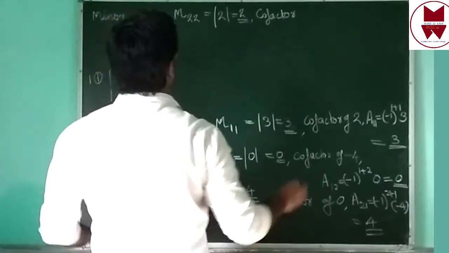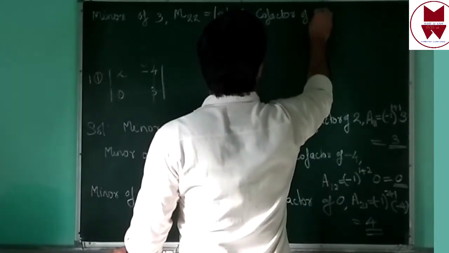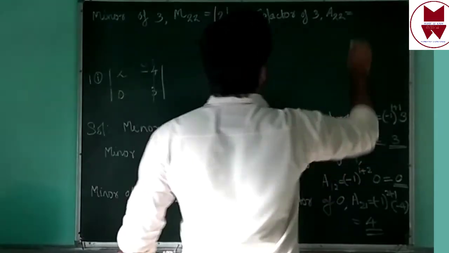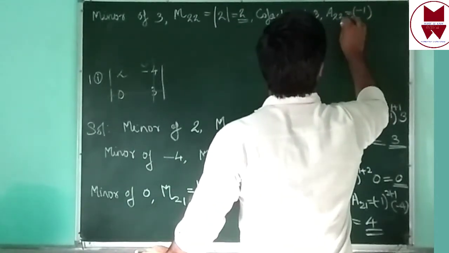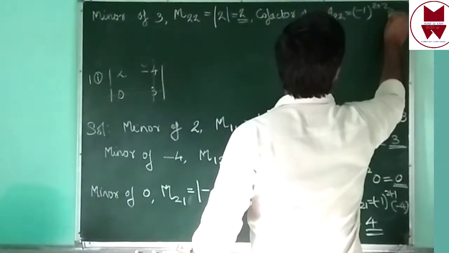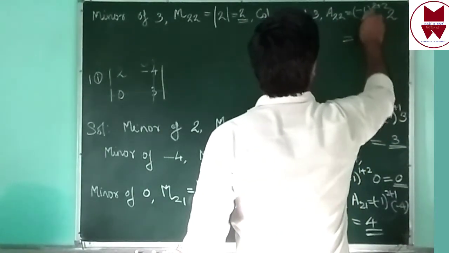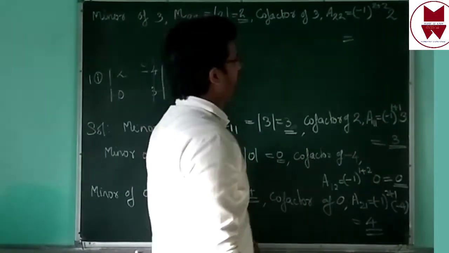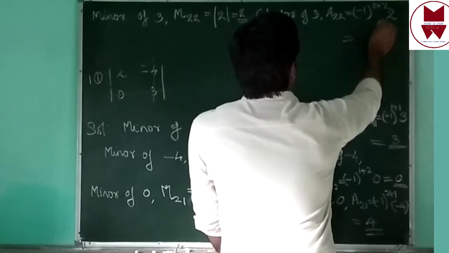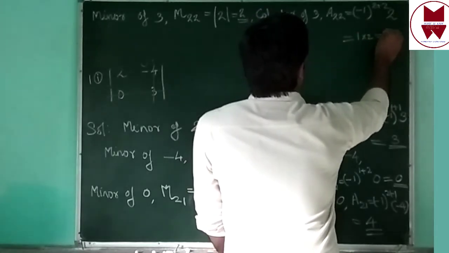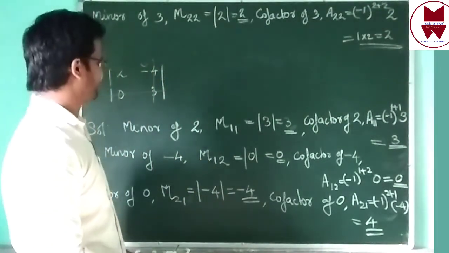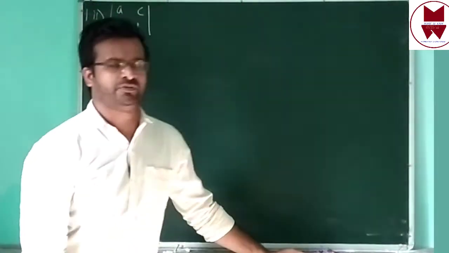Then cofactor of 3, you can write A22 equal to minus 1 2 plus 2. Then minor already got it, that is 2. Equal to minus 1, 2 plus 2, that is 4. Then minus 1 all raised to 4 will be plus 1, isn't it? Then plus 1 into 2 will get 2. We got answer 2.